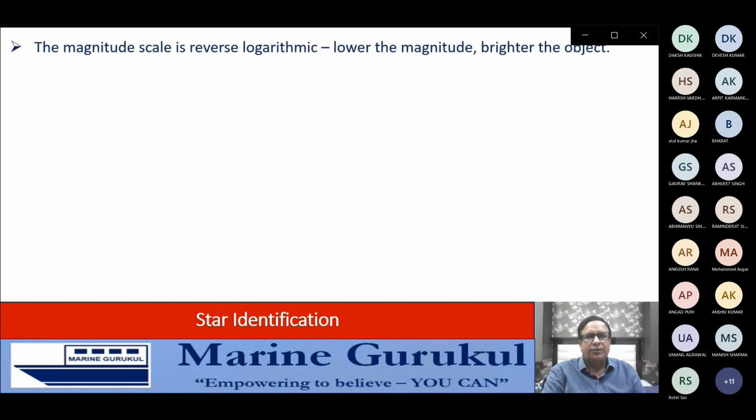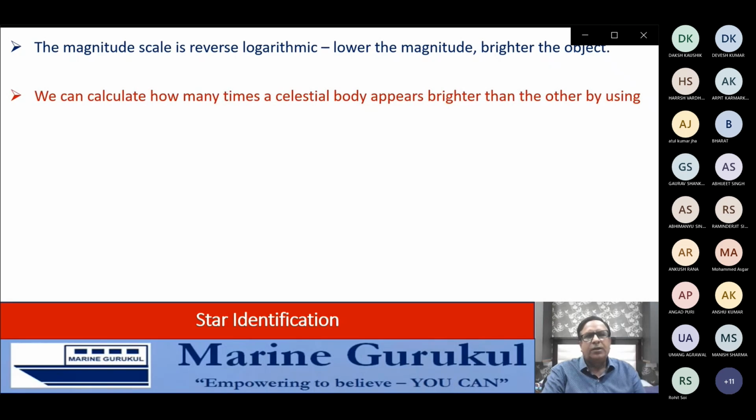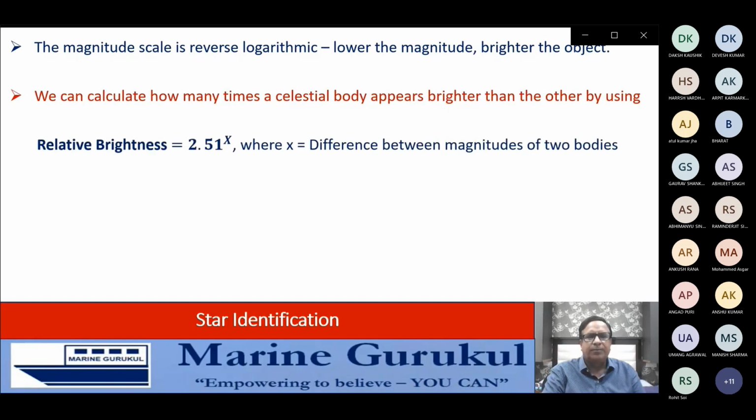The magnitude scale that we use is reverse logarithmic. That means it's not a linear scale, it's logarithmic. And reverse here means that the lower the magnitude, the brighter the object. We can calculate how many times a celestial body appears brighter than another by using a simple relationship.